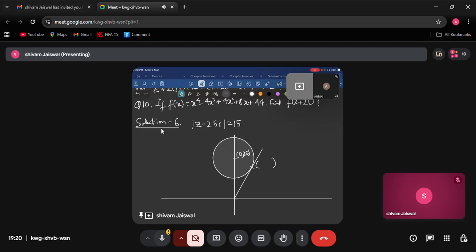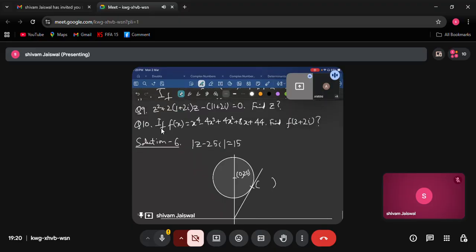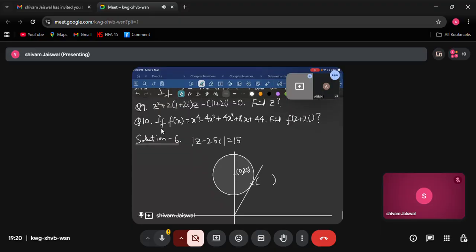Yes, sir. And for the maximum argument, it should be tangent on the other side. Can you people understand? For maximum amplitude, not argument, for maximum amplitude, this will be the one. Anyways, so let us find out least positive argument.